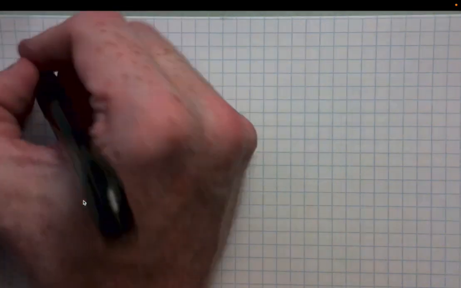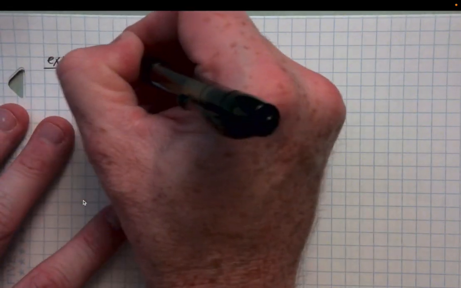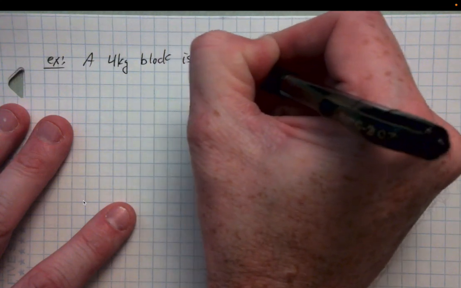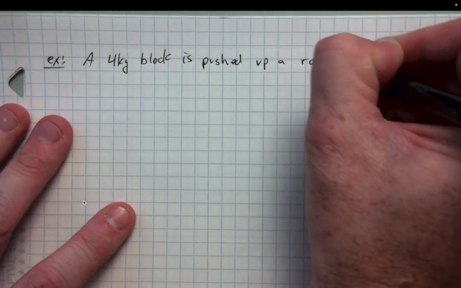Let's take a look at another one. This one will be a little more involved again. Nothing too crazy, but again, just trying to pull together some of the different connections that you might find when you're working on some of these. So a 4 kilogram block is pushed up a rough incline, and I'm going to quantify that.